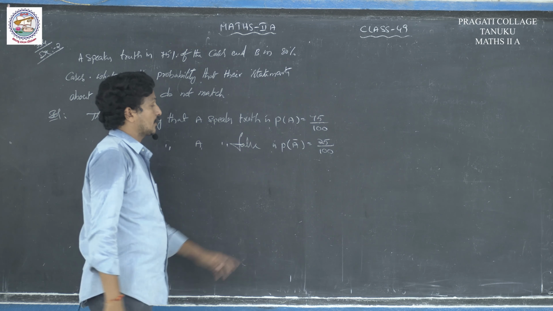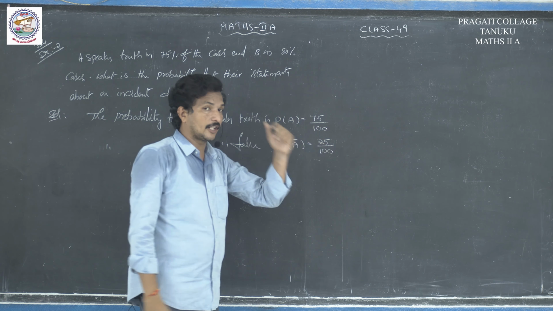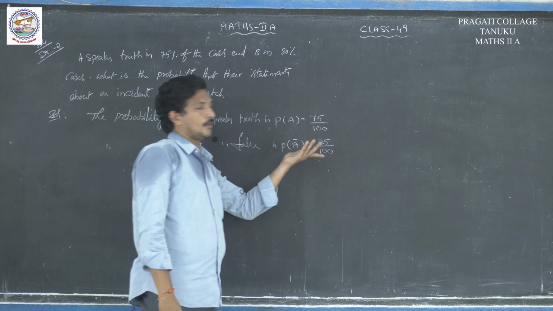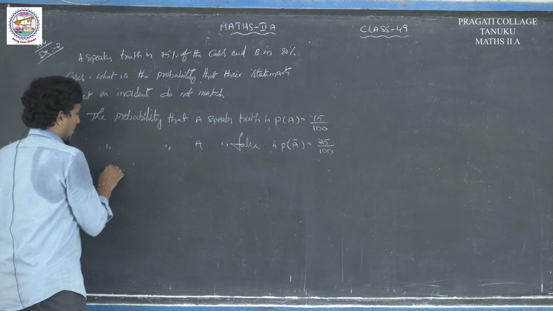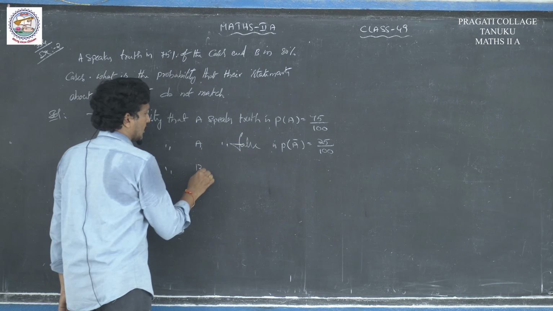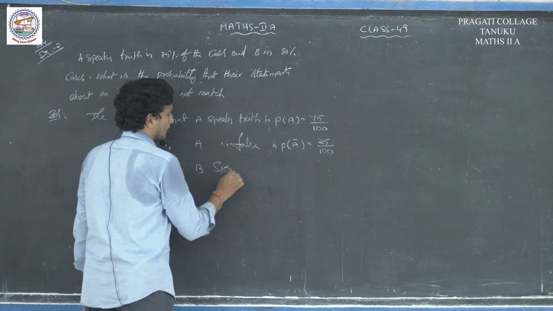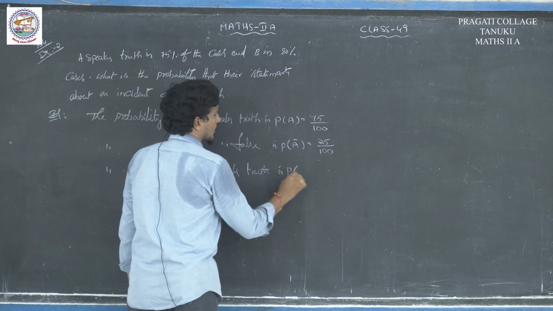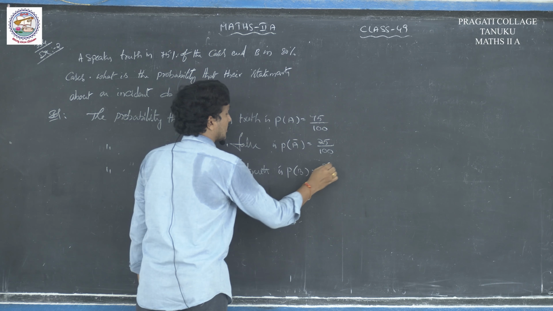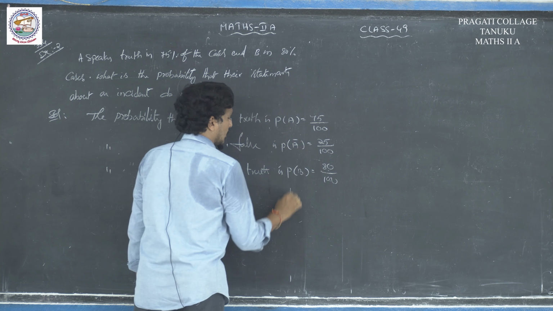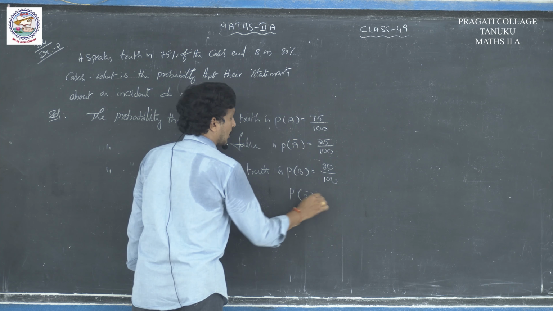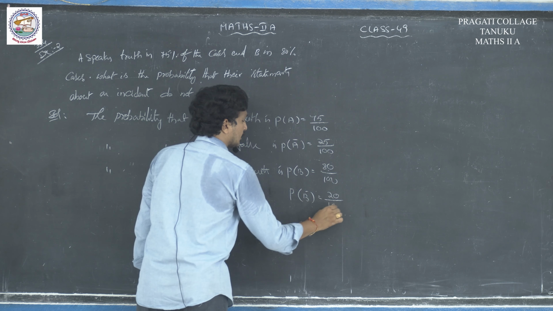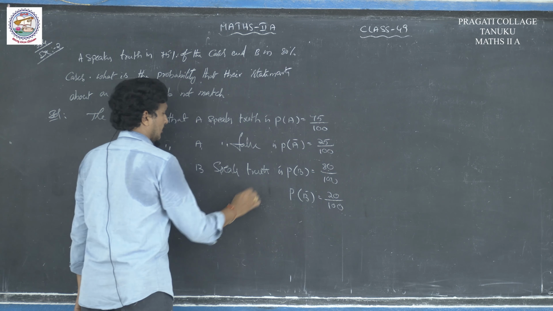Here 75% is the truth, then the remaining 25% is false. The second one is the probability that B speaks truth: P of B is equal to 80% of the cases, that means 80 by 100. He speaks false, P of B bar is equal to the remaining, 20 by 100.